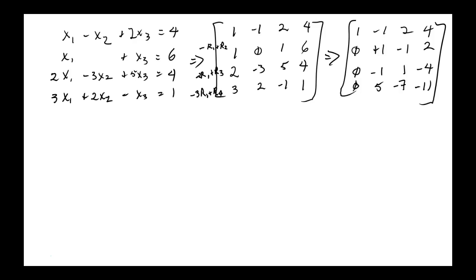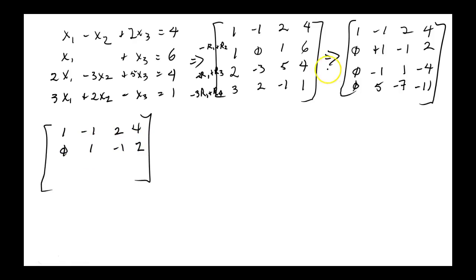Zeros below it. Okay. Now, to make that happen, we're going to use this leading 1 here, and you want zeros below it, so to make this one a 0, pretty obvious, you just add those two together, right? Okay, so write down the first row, 1, -1, 2, 4. Remember, a lot of redundancy here. Write down the second row, because that's where your leading 1 is. 0, 1, -1, 2.